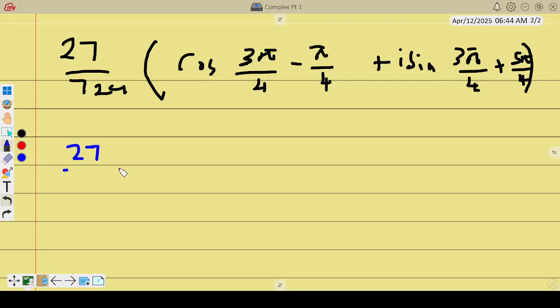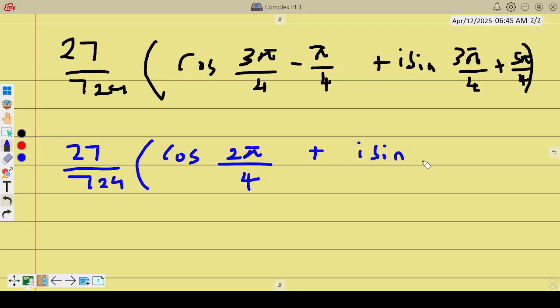So I have 27 over 729 cos 3 pi minus pi, it is 2 pi over 4. Whenever you have the same denominator, you just subtract the things on top, and then i sine 2 pi over 4, and then we can simplify here. 2 into 2 it is 1, 2 into 4 it is 2.